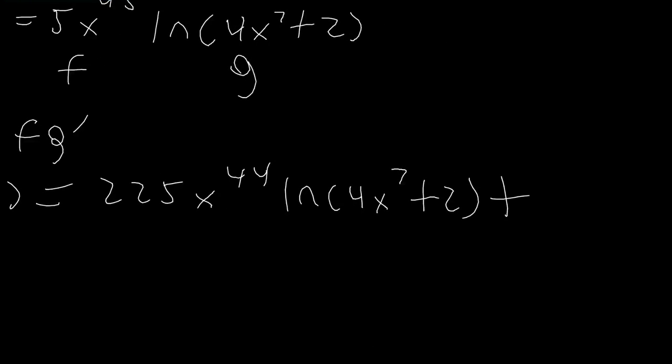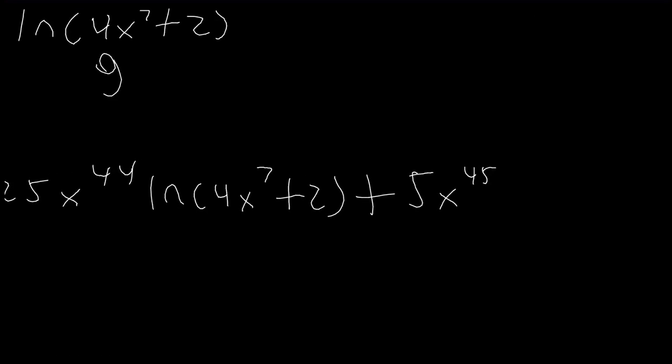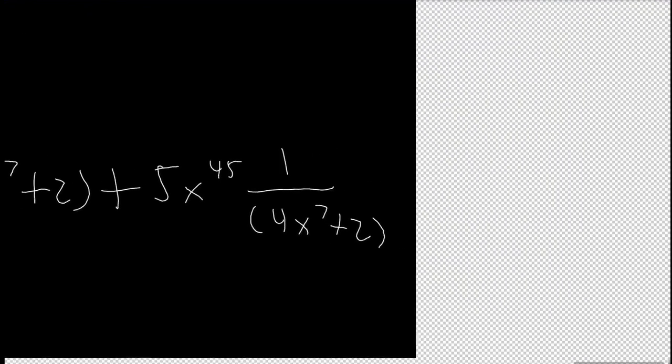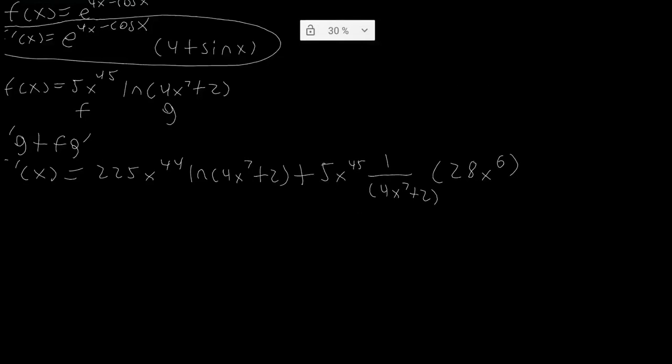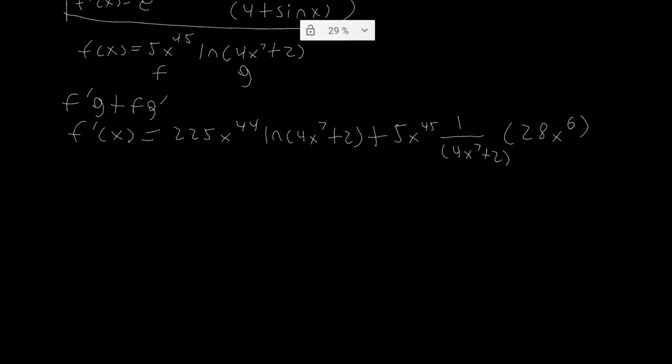And then we're going to add f, that's the same, so 5x to the 45, and multiply by the derivative of g, so it's going to be 1 over 4x to the 7th plus 2 times the derivative of this, which is just 28x to the 6th. And that's going to be our answer.